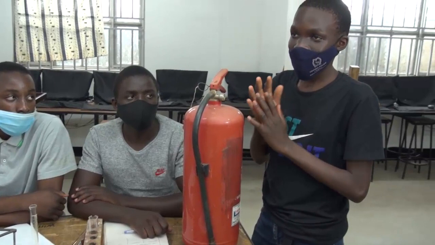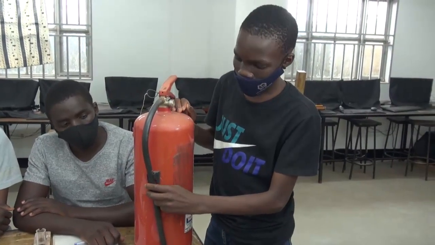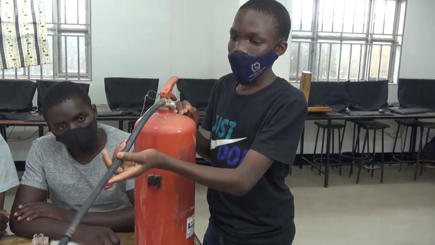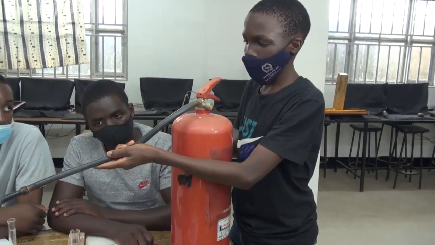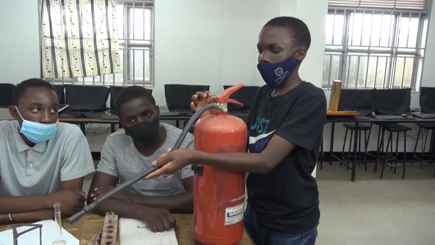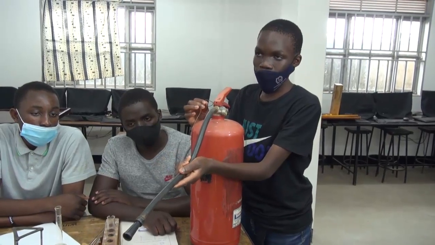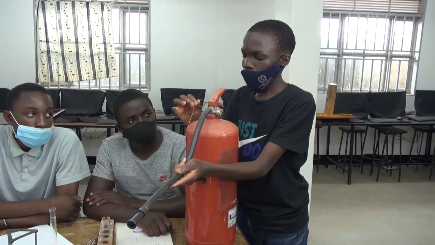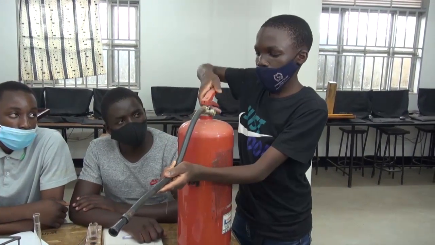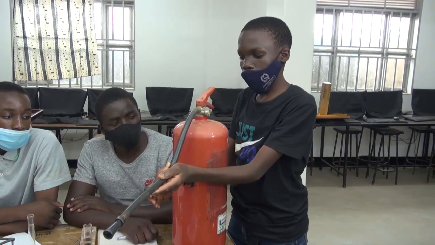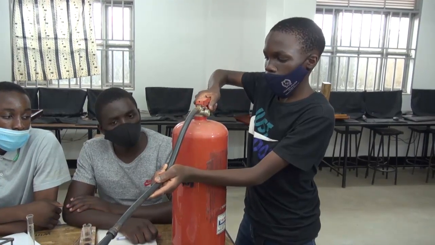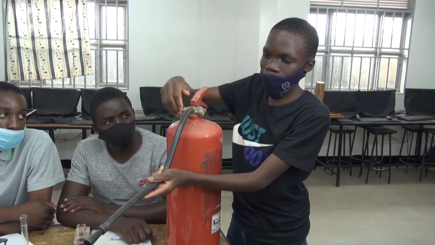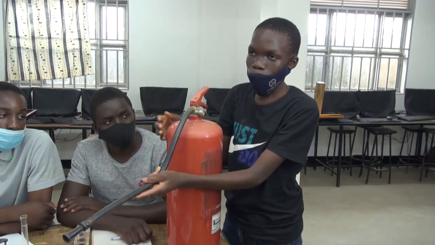When there's a fire outbreak, you use this nozzle. Then you point it in the direction of the fire. There is this string here, so you pull the pin so that you can press with ease. You press the handle, letting out the carbon dioxide to put out the fire.